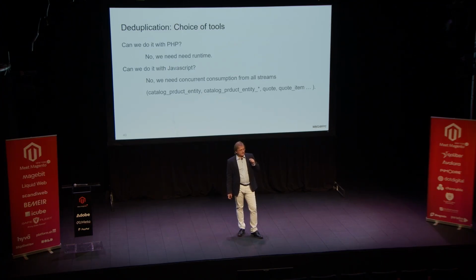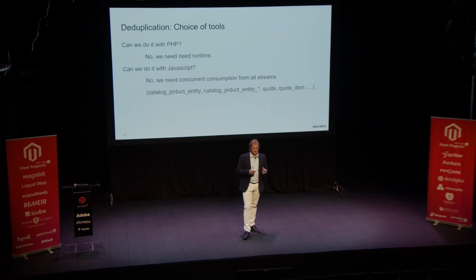So what are our constraints? Can we do it with PHP? Really? Someone? Guess? No. Why? Because we want runtime. Runtime, we want it to run indefinitely. That service which does deduplication, we want to have it working indefinitely, because the stream is gonna be incoming indefinitely.